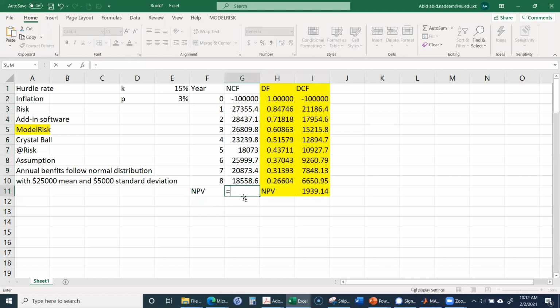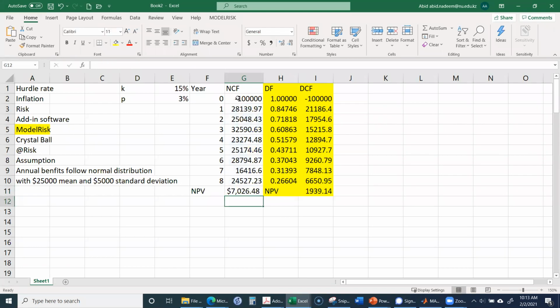So for example, for net present value I can use NPV, and here I have this. The total of 15 and 3 is 18%, so 0.18, and then the values are this, plus the value in the first one.